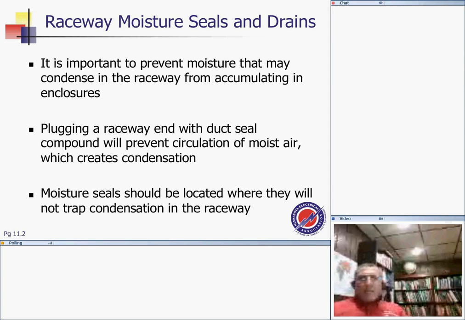Another thing, guys, about raceways: you have the seals and the drains, which relate to temperature. Why do we have to have moisture seals and drains? It's important to prevent moisture. Why do we care about moisture? Because it accumulates in the enclosure, turns into water, and all of a sudden you have dripping water right above your 200 amp, 225 amp panel.